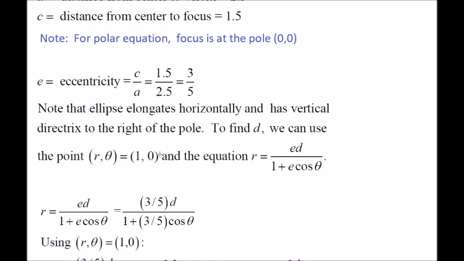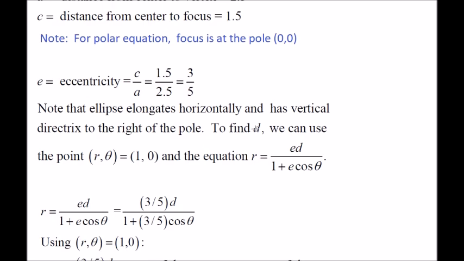So the equation has to be of this form: r equal to ed divided by 1 plus e cosine of theta. And once again, d represents the distance from the directrix to the pole, or to the focus.